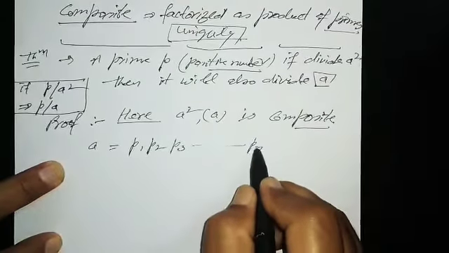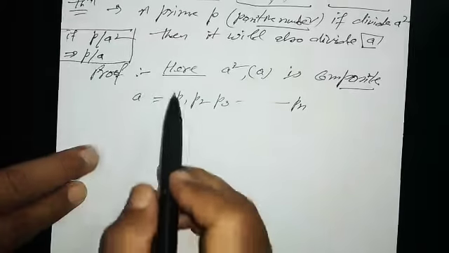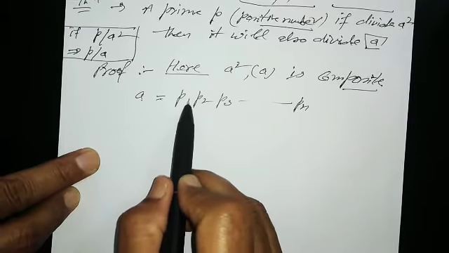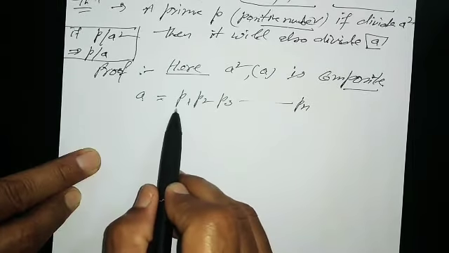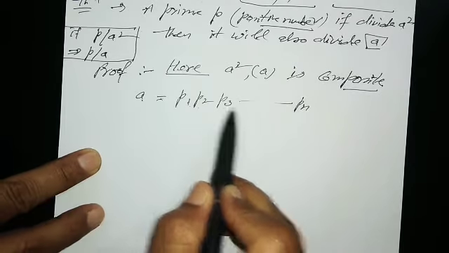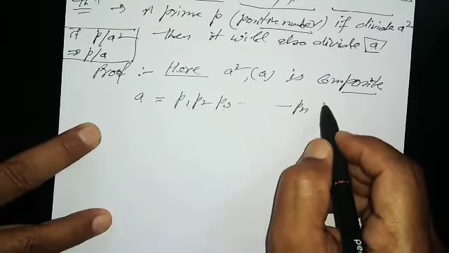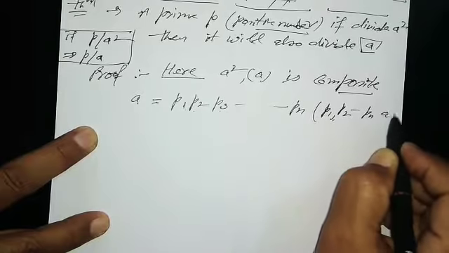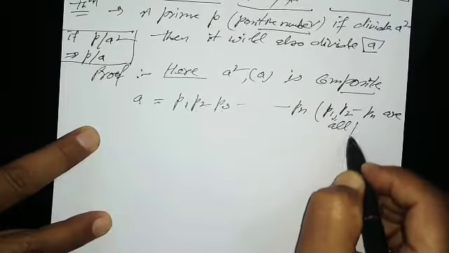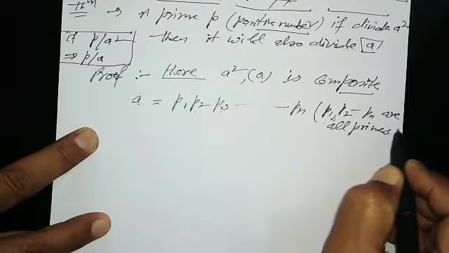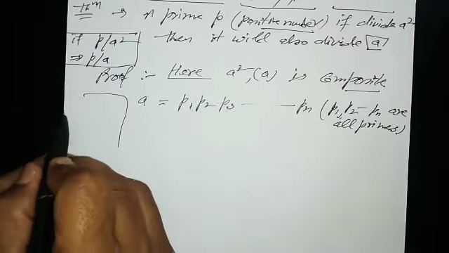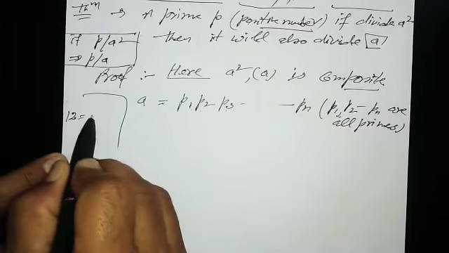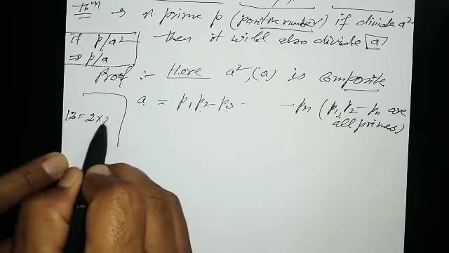You can take these primes p1, p2, p3, pn; all of them are primes, right? As you see, you can take any composite number, like 12, and write it as 2, 2, 3.